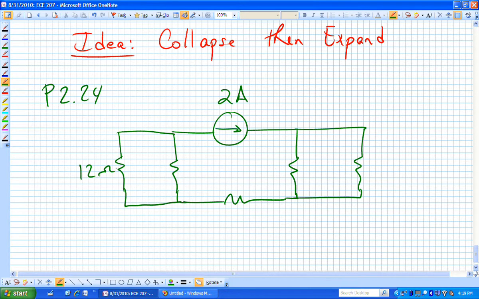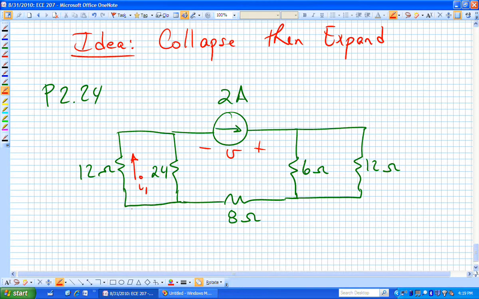Here's a 12 ohm, a 24 ohm. I'm going to forget the ohms. Here's a 6 ohm, 12 ohm, 8 ohm. And the problem asks you to find that voltage drop. So there is a voltage drop across a current source. Find this current flowing up in through that 12 ohm resistor.